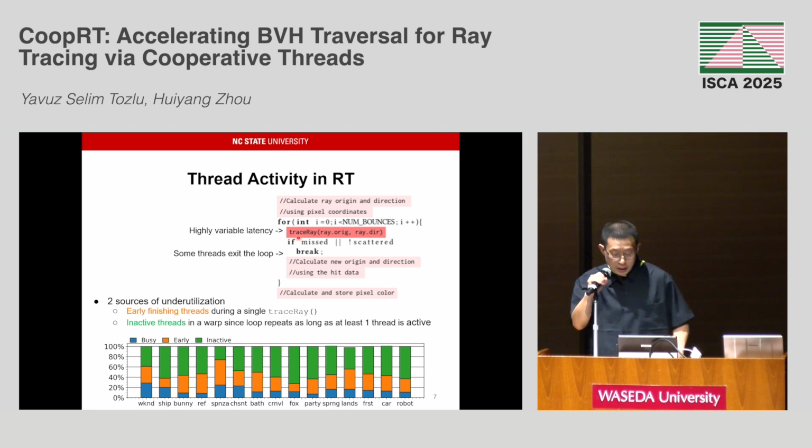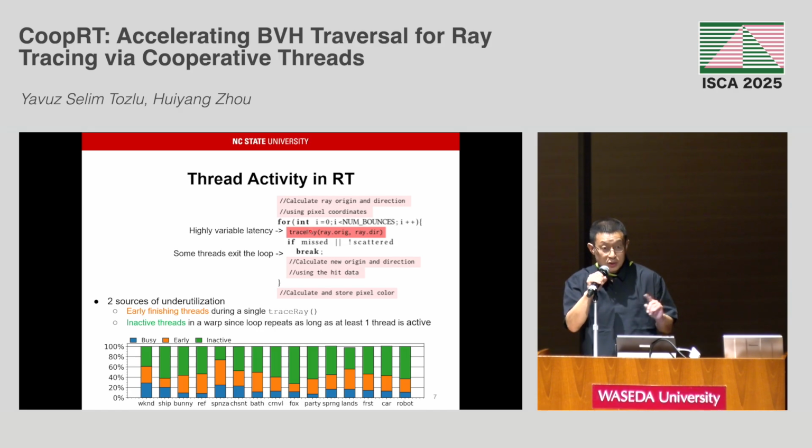From this, as you can see, one source of the divergence comes from this tree traversal process, because different rays, as I mentioned, may reach their target at different timing, and some rays may completely miss all the objects, so they would terminate very early.